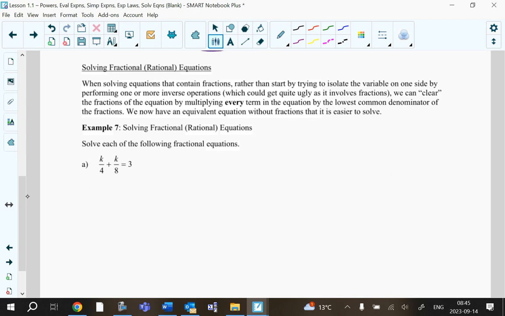Every time you see a fraction equation, you want to clear out the fractions by multiplying by the lowest common denominator. In this case that would be 8.